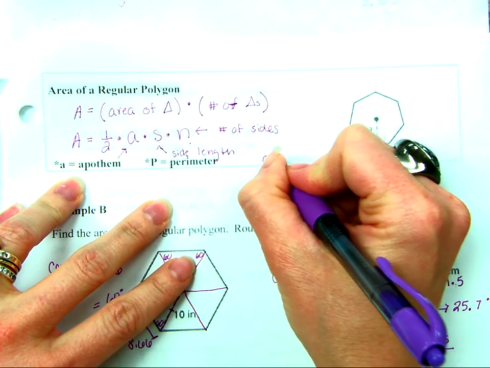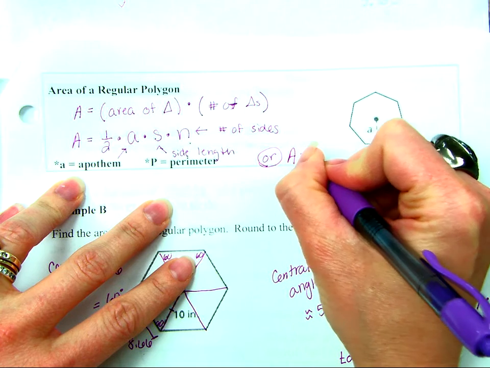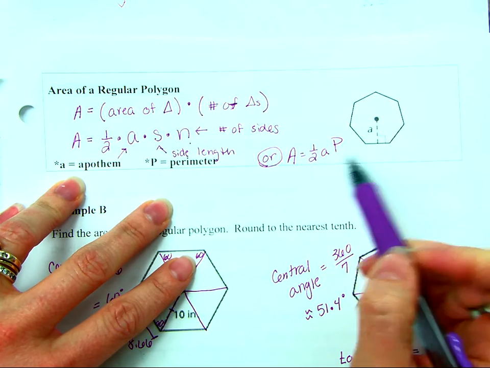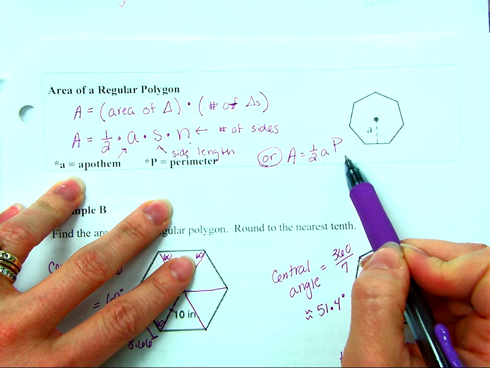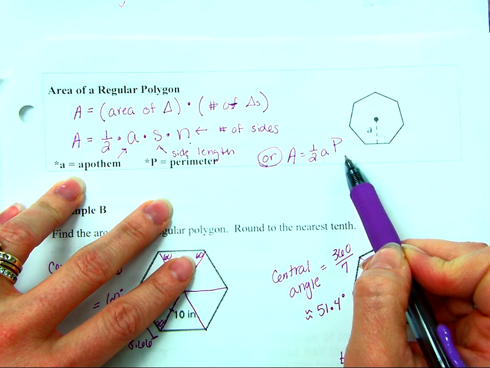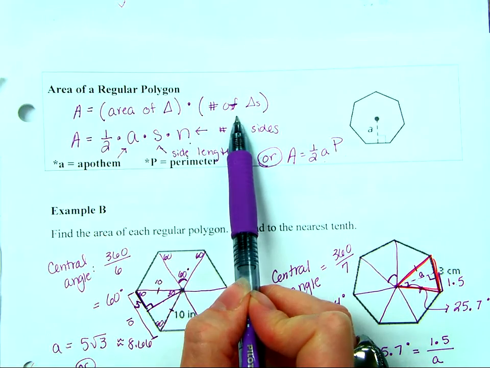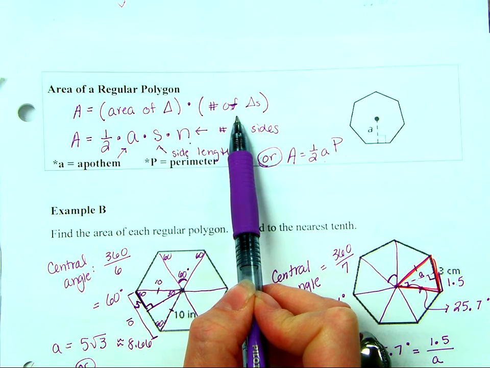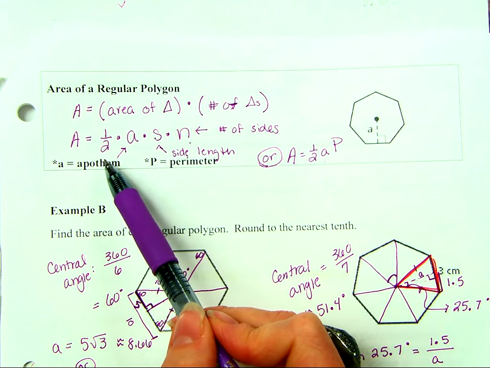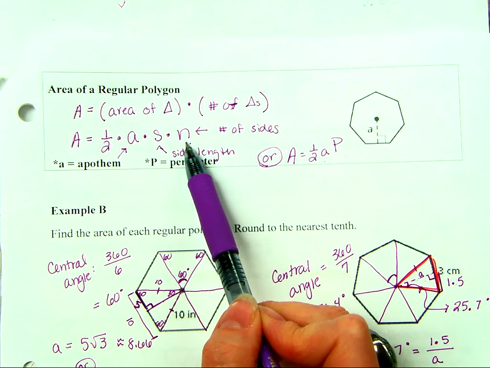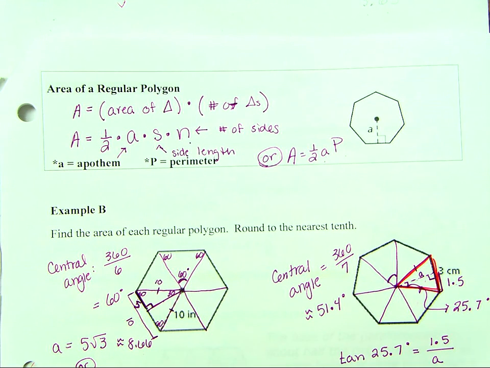So another way they may have it written is 1/2 A capital P, the apothem times the perimeter. Again, when I refer to it, I'm going to refer to it as the area of the triangle times the number of triangles, or I may reference every once in a while the 1/2 A S N. If you have further questions on this, please stop in and see me.